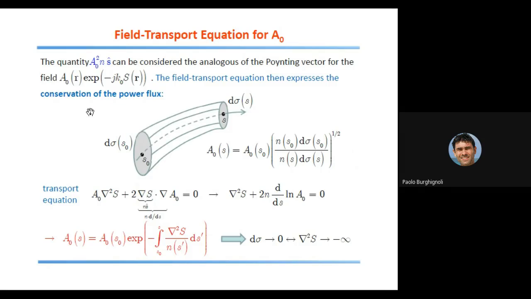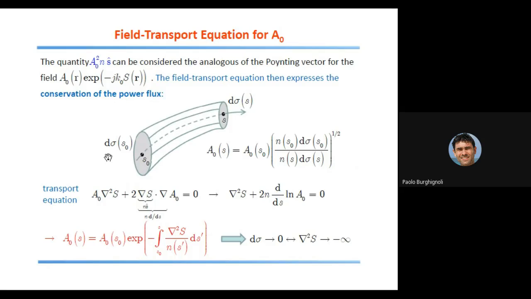For example, if your wave field is approximated at lowest order like a plane wave, this is the ray optical approximation, then the field transport equation of order 0 tells us that the quantity A0 squared n S hat behaves like the Poynting vector, that is, its flux across any surface orthogonal to the lines must remain equal.